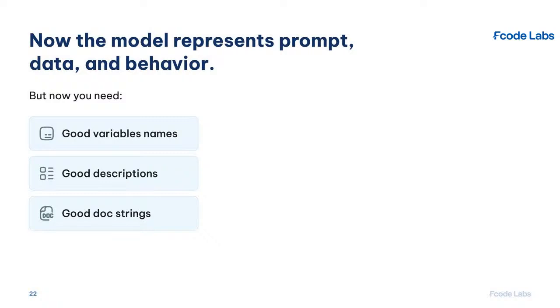With this, schema quality, prompt quality and data quality are kind of working together. But this is happening at the expense of good variable names, good descriptions, and good docstrings. But anyway, in good software, we should have these things, good variable names and descriptions. We should have them anyway.